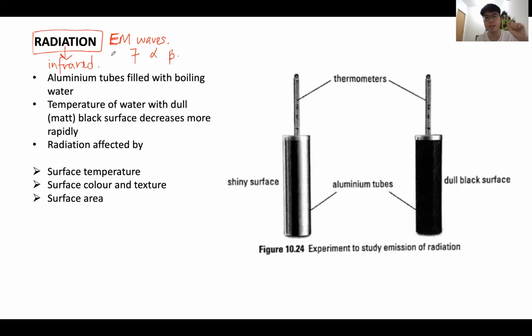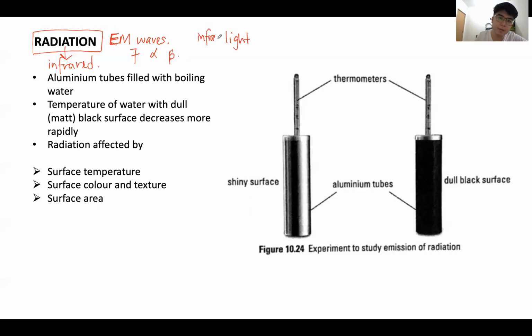Okay, infrared radiation. Which one is the infrared? Counting from the left, it is the third one. Okay, you have the radio wave, the first, second one, microwave, right? And then you have infrared, and after that is light. All the seven waves, can we see them? We can only see light, right? But the one before light is infrared.